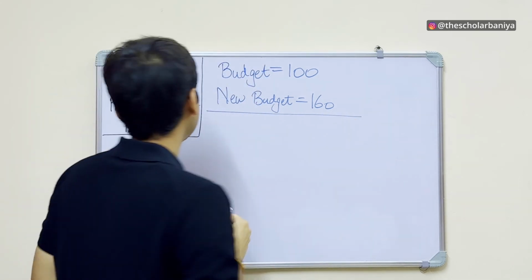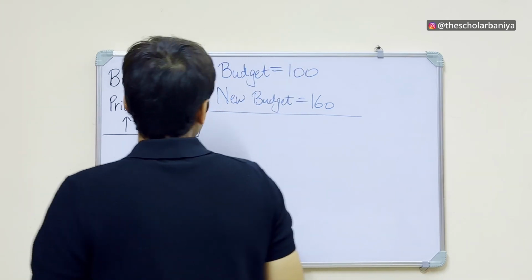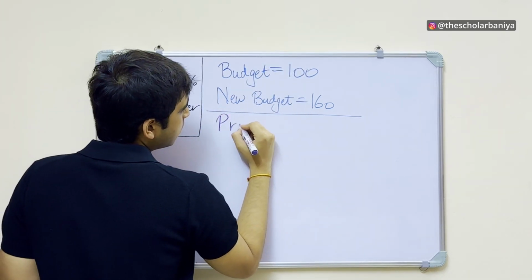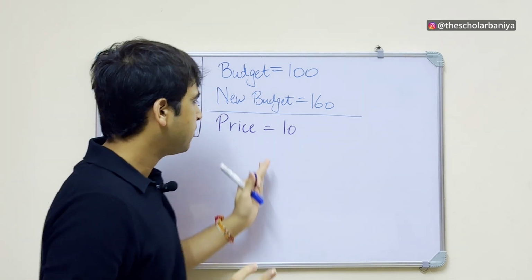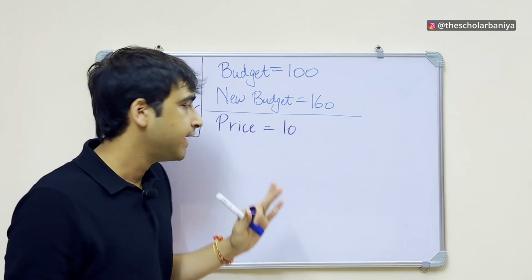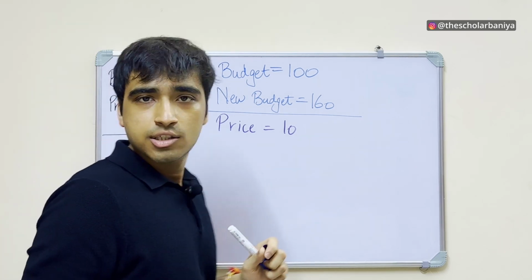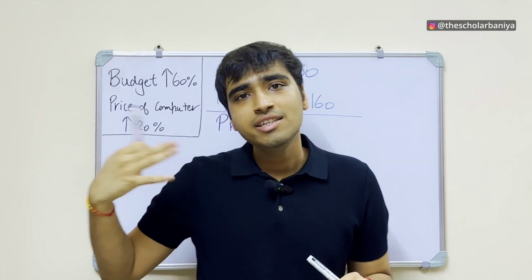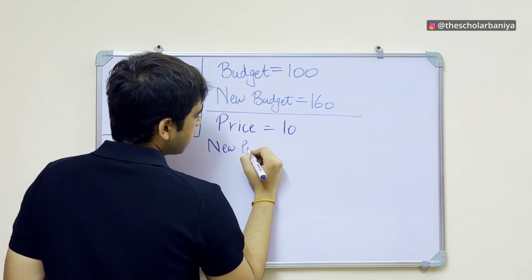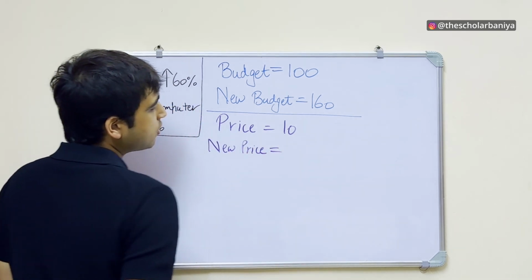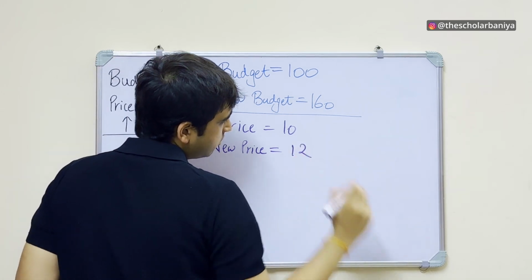Now tell me one thing. The price of computer increased by 20%. So let's assume the price was 10. Any number, we are just taking 10 for easier calculations, right? If the price of each computer was 10 last year, and the price has increased by 20%, the new price is how much? 12, right?